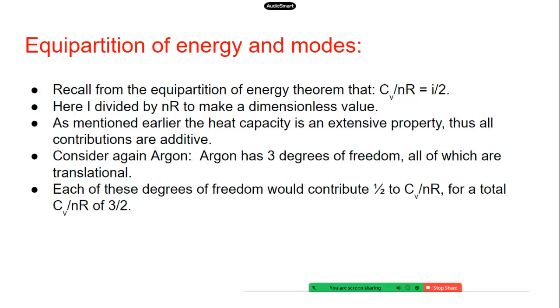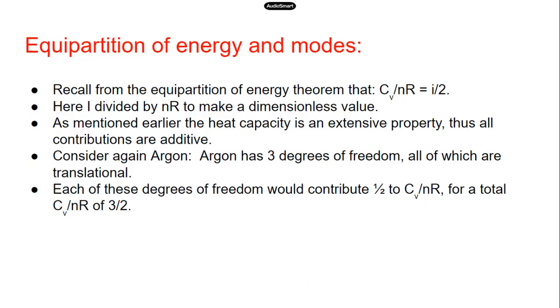Now let's consider argon. Argon has 3 degrees of freedom, all translational. So how do we get the heat capacity from this? Well, the first translational degree of freedom has a heat capacity CV over NR of 1/2.